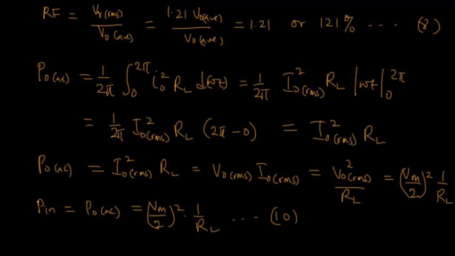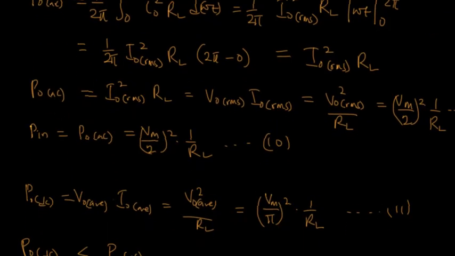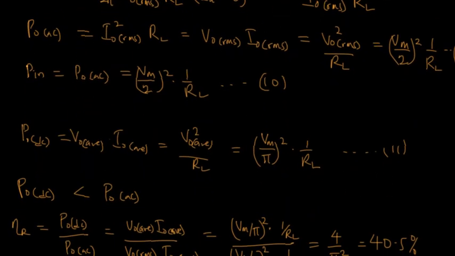And then we also assumed that the input power is equal to the output power. If that is the case, then the input power is Vm over 2 all squared times 1 over RL. And then we derived the expression for the output DC power, which is given as Vm over pi all squared times 1 over RL.